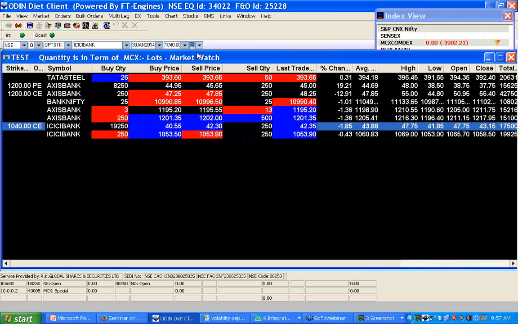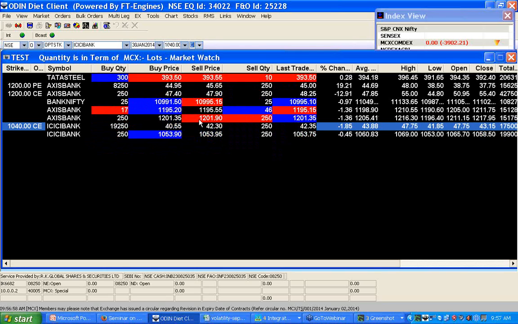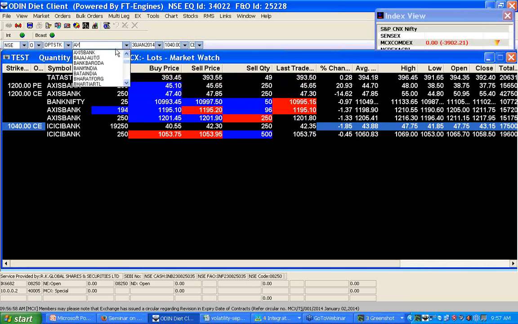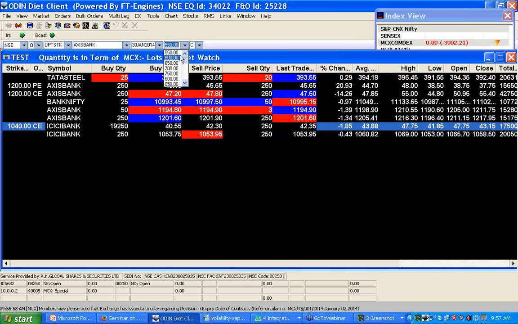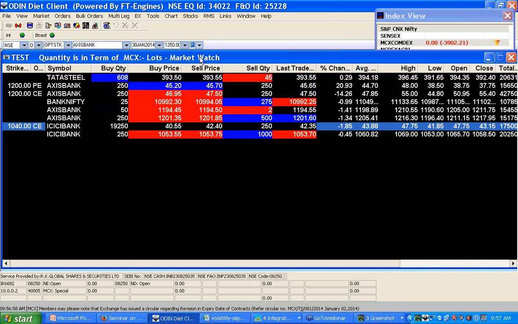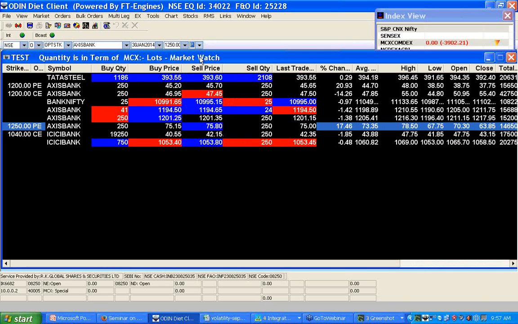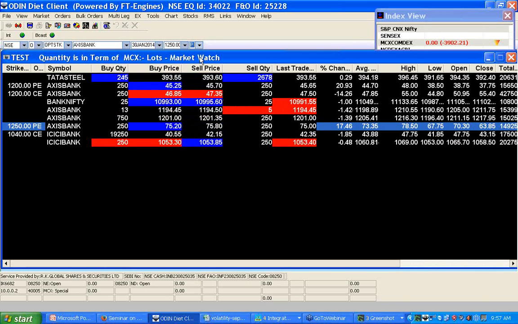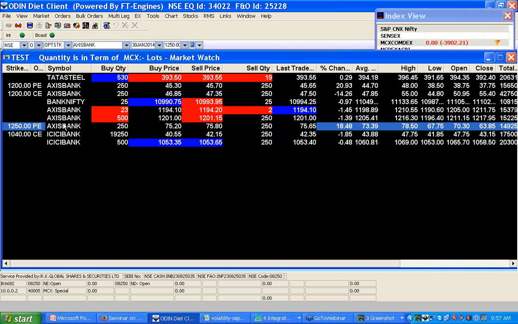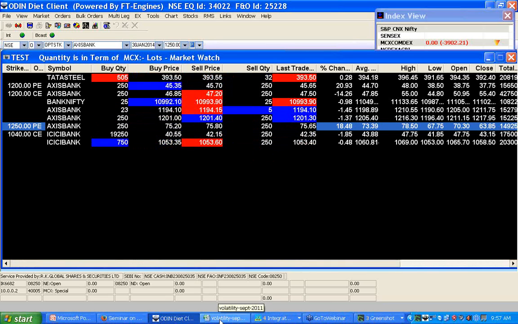The 1040 call is 40 rupees, 13 rupees and other things. And I can think of Axis, somewhat in the money put option, the 1250 put option. It is for an intraday trade. I'll again say that we are going for an intraday trade. For that reason only I have made it like this.